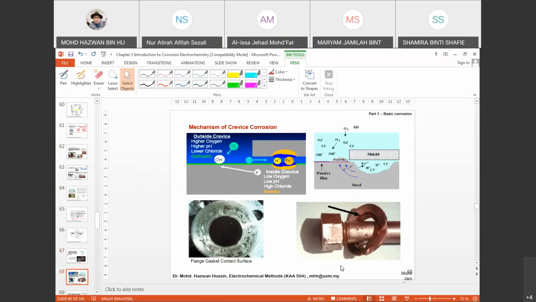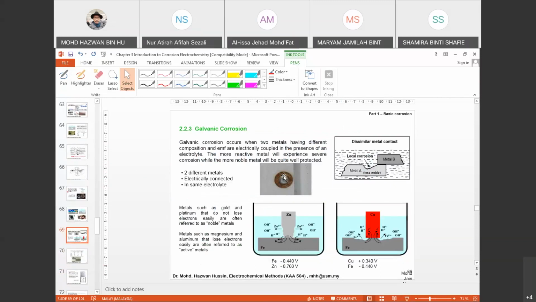This is another example of crevice corrosion. The mechanism: you have a cavity, a gap, that eventually will trap or absorb things like high oxygen, high pH and low chloride. That is why the corrosion can be easily accelerated.